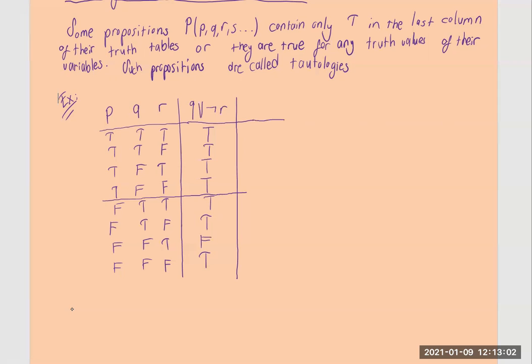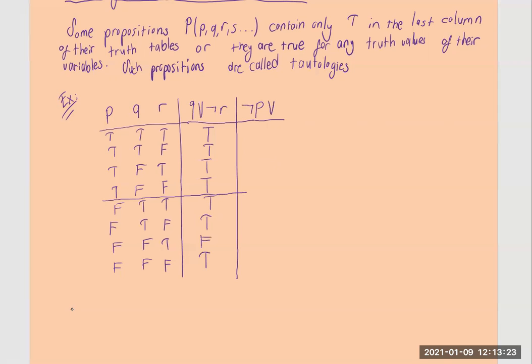To make something different, then get here not P and Q. Sorry, okay, that's correct here.